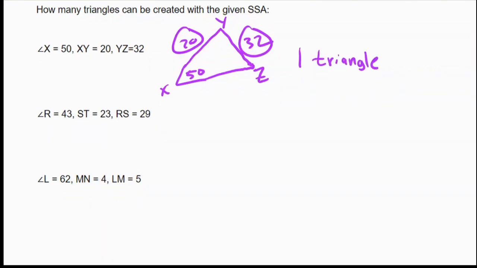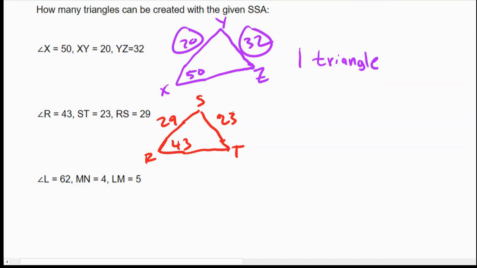The second one here, when I sketch this out, I got 43 for angle R. RS is 29, and ST is 23. I see that the opposite side is less than the adjacent side, so I have to check for the height first.